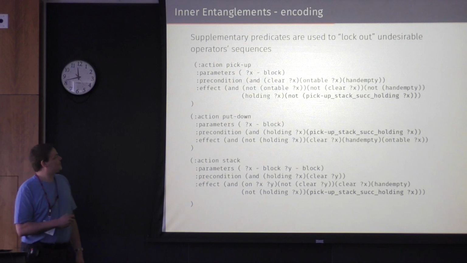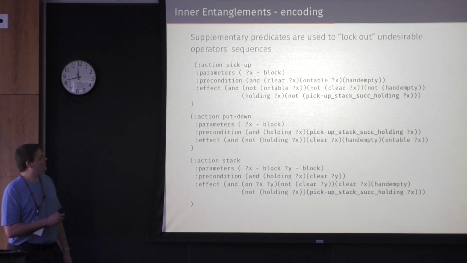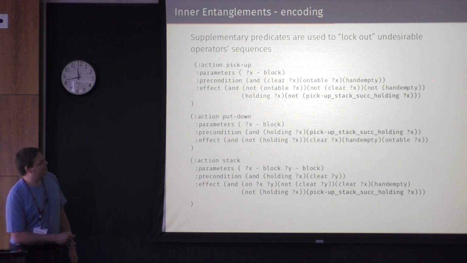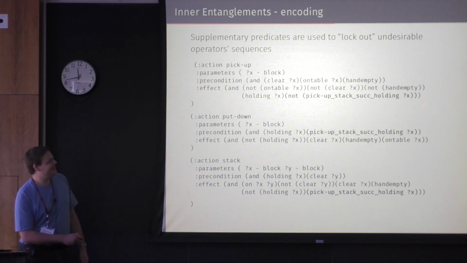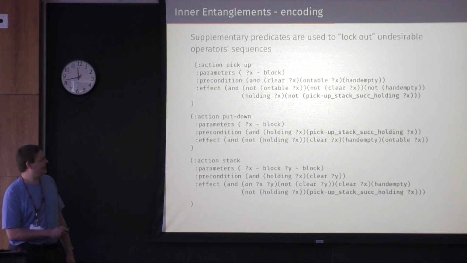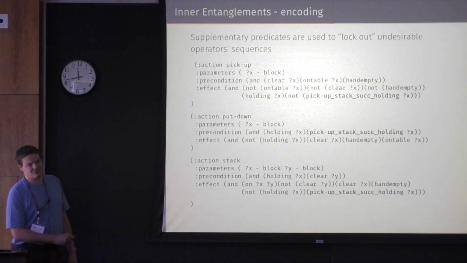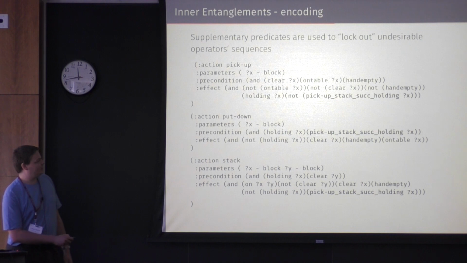So what happens when we apply action pickup? We achieve the predicate holding, but we delete the supplementary predicate that is required by action put down, which means that put down becomes inapplicable, and the only action that can be applied is stack.